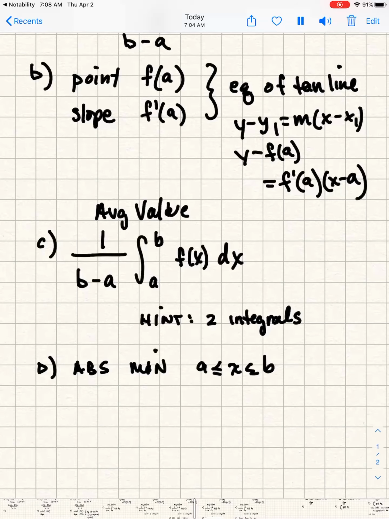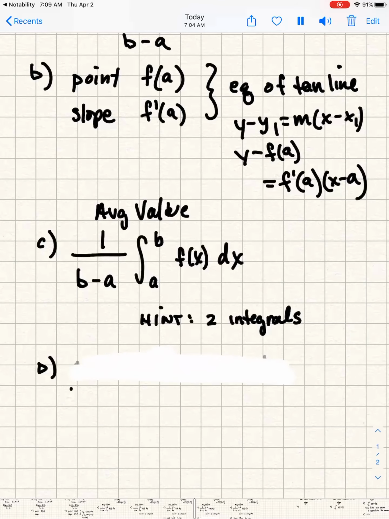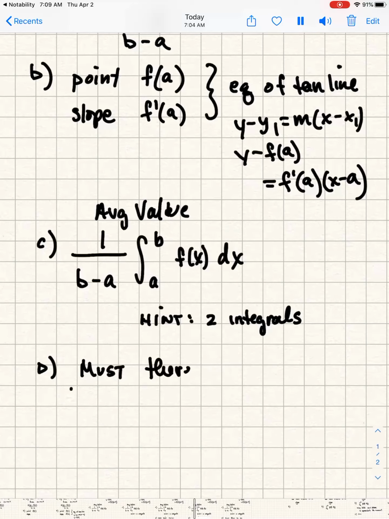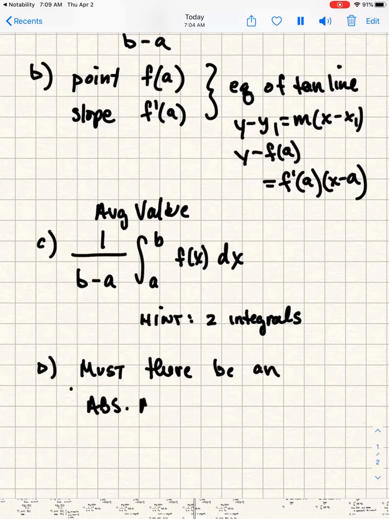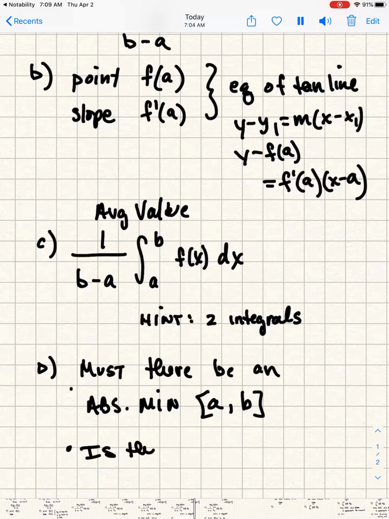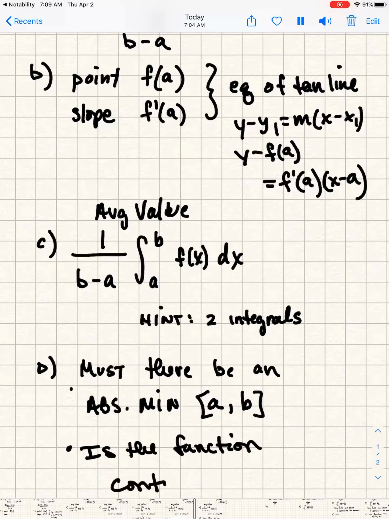So they're just asking, is there? Let me erase this. They're saying must there be an absolute minimum on the interval a to b, right? So you want to just check a couple things. Is the function continuous? And that's all I'll give you for that one, okay?